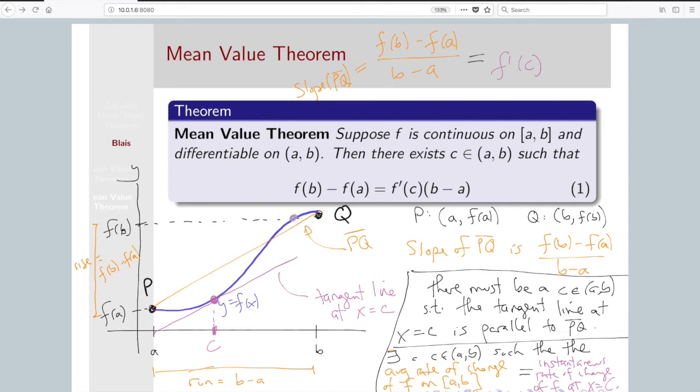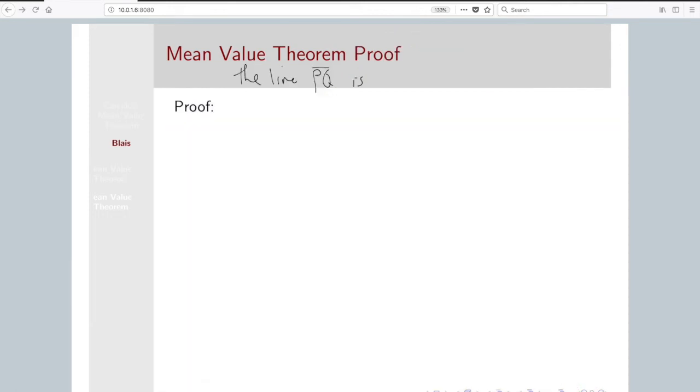We'll just call it m for the time being. So we'll write it as y minus f of A equals m times x minus a. So this is the point slope formula for getting the line.